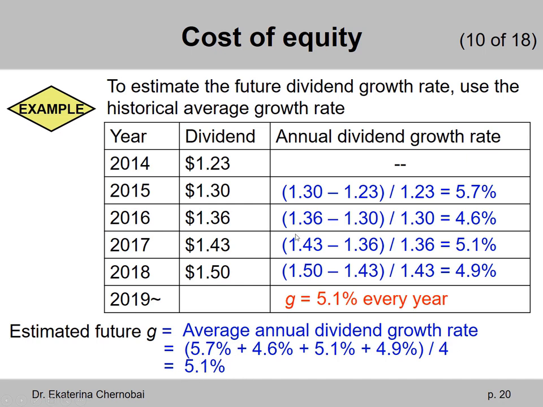So maybe in the previous example, where a 5.1% future annual growth rate in dividends was given, it came from this historical information on dividends over the last few years.